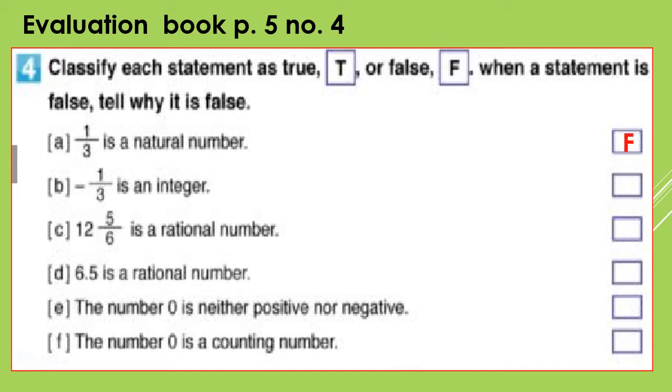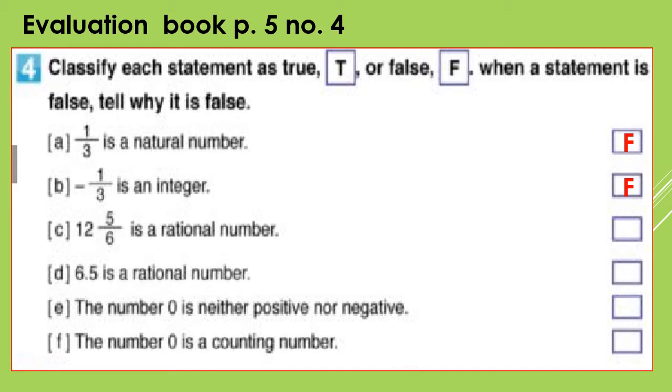Why? In N, we can't find a fraction. Letter B, negative 1 over 3 is an integer. True or false? Yes, it will be false. In the integers Z, we can't find a fraction also.